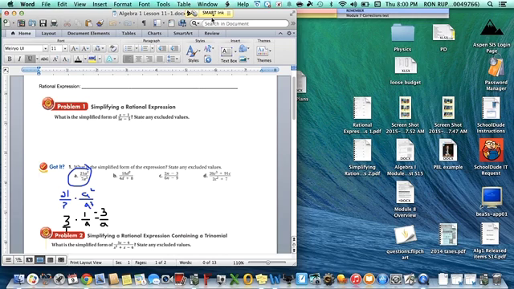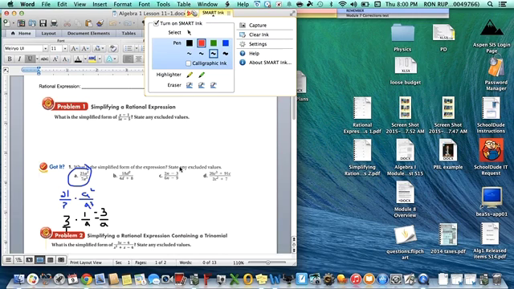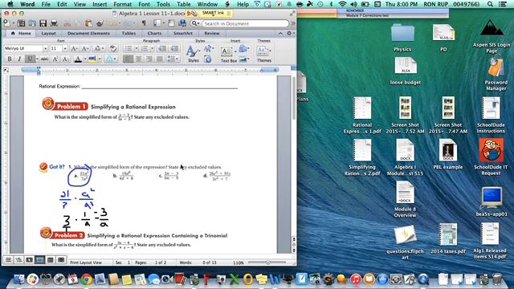Let's look at this one right here, c. Now the top, 2n minus 3, doesn't really have anything in common.